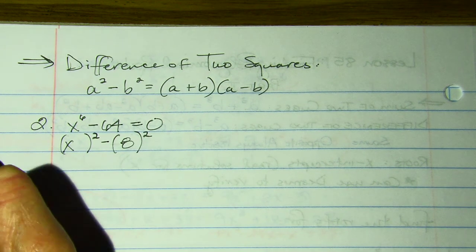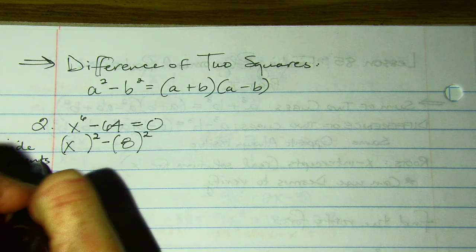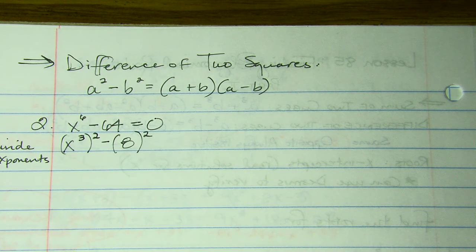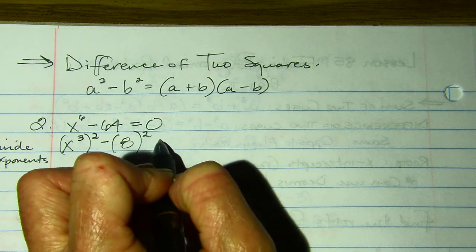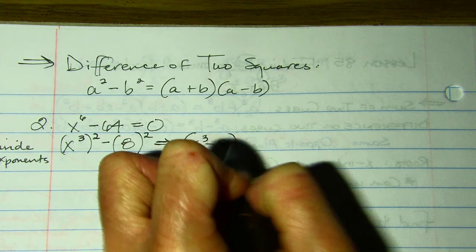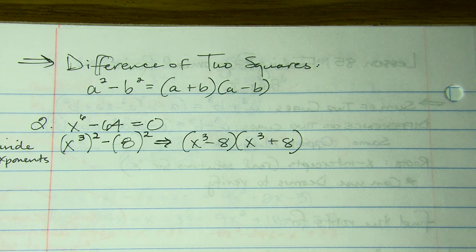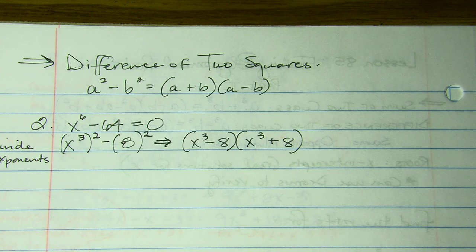The easy solution is divide exponents. So 6 divided by 2 is x cubed. X cubed times x cubed is x to the 6th. So my factors are x cubed minus 8, x cubed plus 8. Now these can then be rewritten.